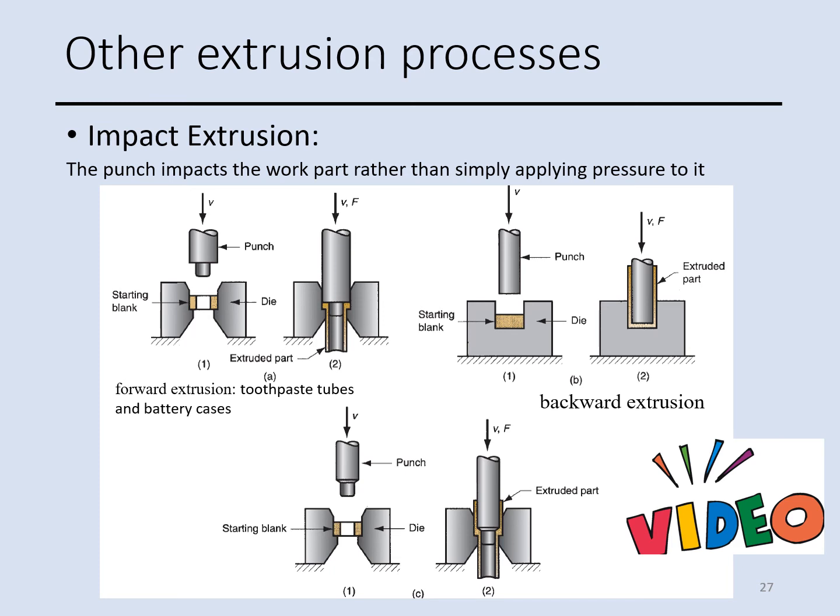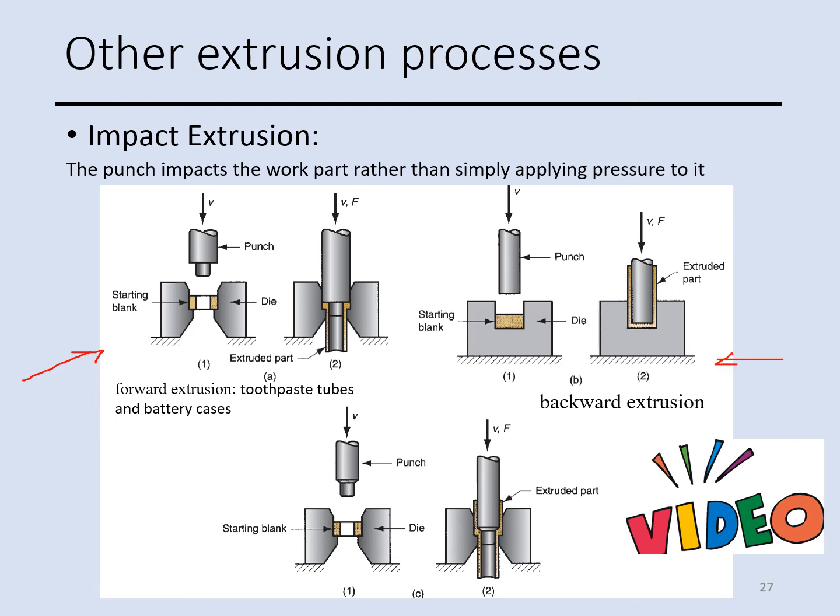We have other extrusion processes like impact extrusion, where the punch impacts the workpiece rather than simply applying pressure to that workpiece. We have here in this picture forward extrusion, and this is backward extrusion.